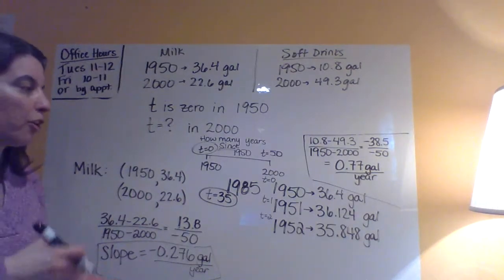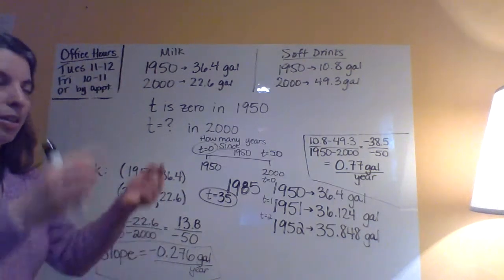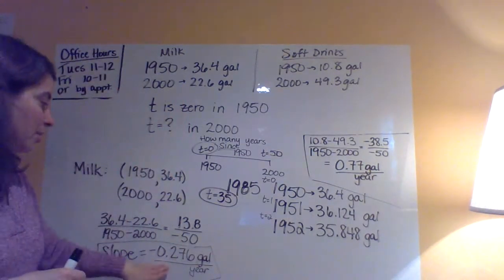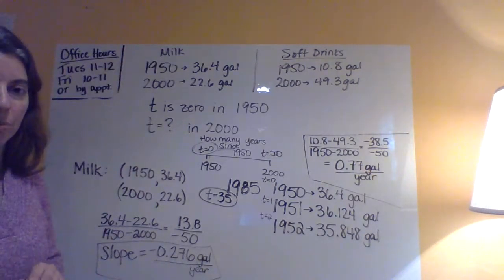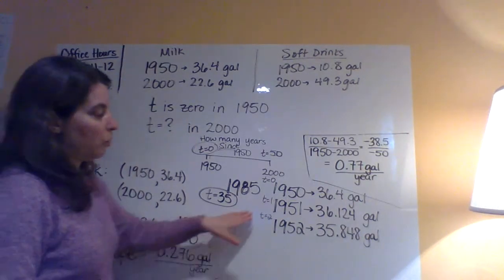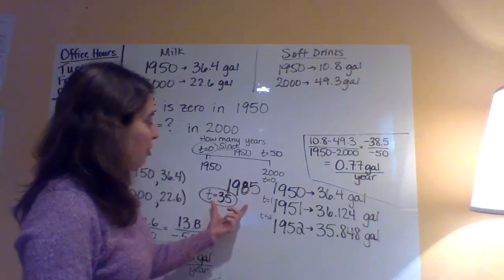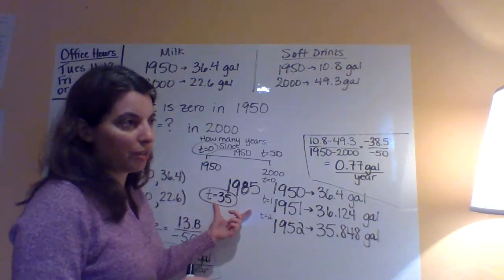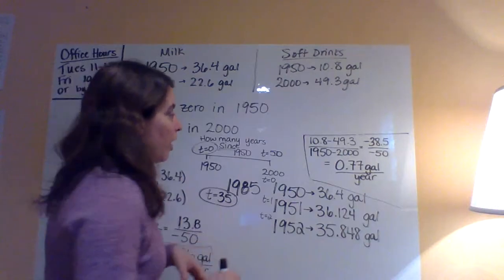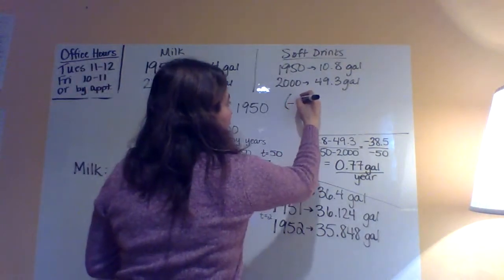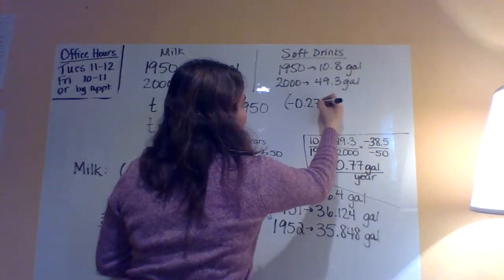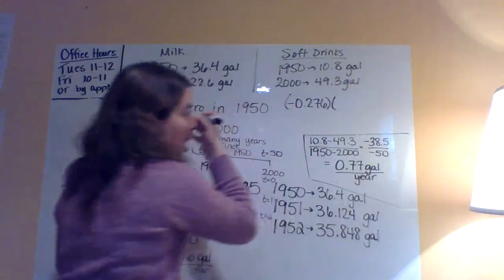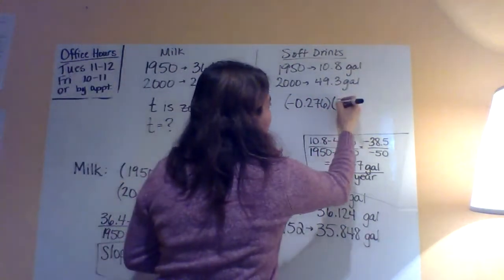That means there have been 35 years, according to our model, that milk consumption has gone down 0.276 gallons per year. Okay? Here it went down once. Here it went down twice. It's going to go down 35 times. So think about how much we've lost over those 35 years. Well, every year we are losing 0.276 gallons, and there have been 35 of those years.